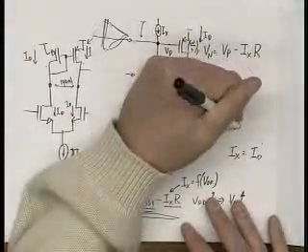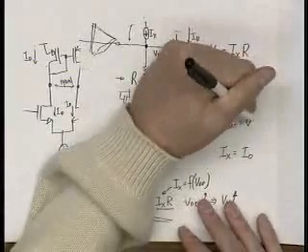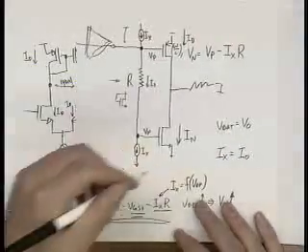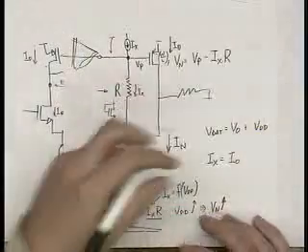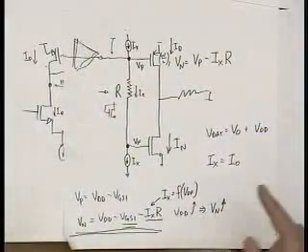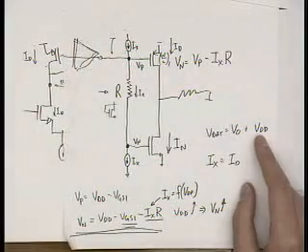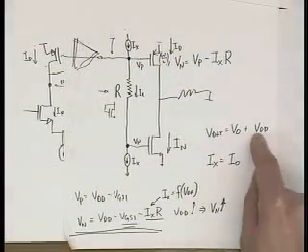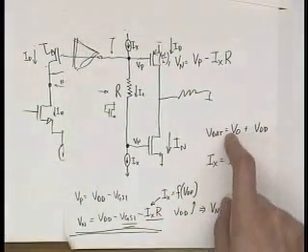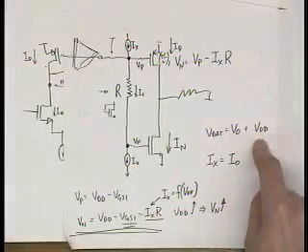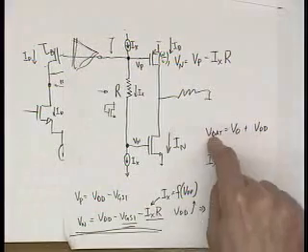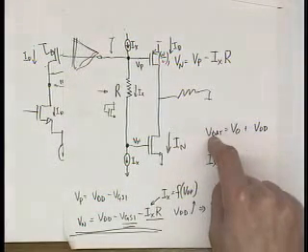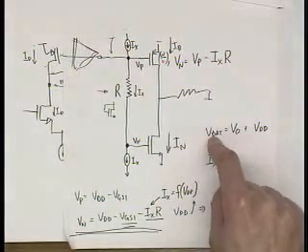We want VBAT to be equal to some V0 plus VDD. Do you want it to be exactly VDD or just delta VDD? Depending on how you define V0, you can make it exactly VDD. What I mean is that for each millivolt that VDD goes up, you want VBAT to go up 1 millivolt.